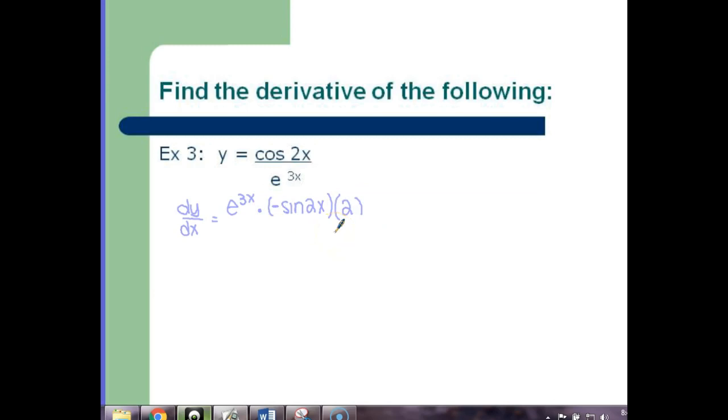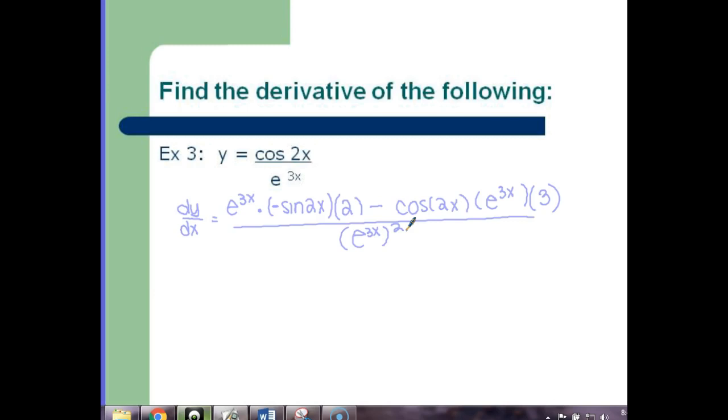So ho d high minus high d ho. So it's always e to the 3x times the derivative of the exponent, which is 3, all over e to the 3x squared.